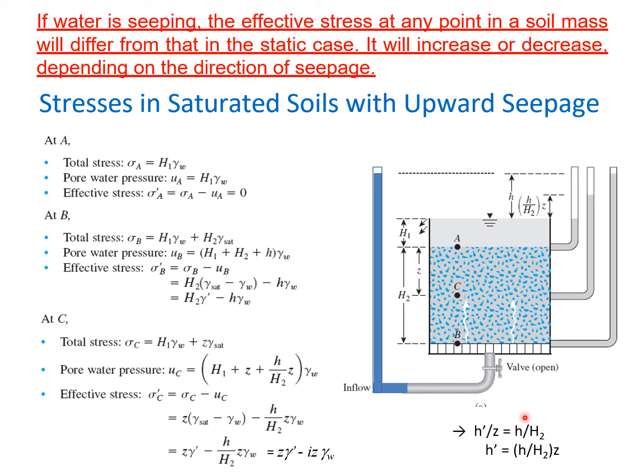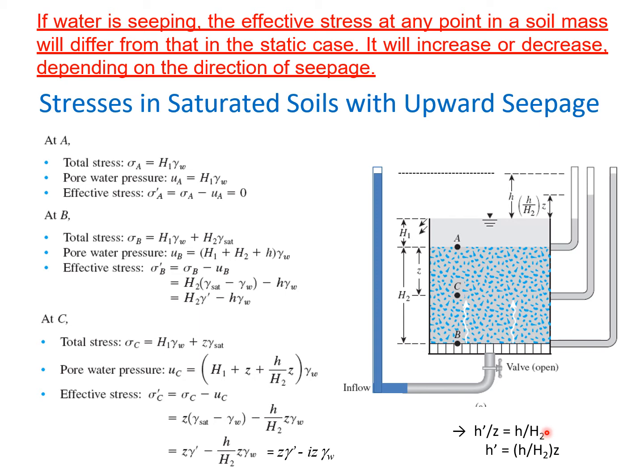This is basically the hydraulic gradient, head loss per unit length. So we have this small h, the difference between this level and this level, the head loss, is meant for this entire length or thickness, that is H2. So small h over H2, this is the hydraulic gradient.